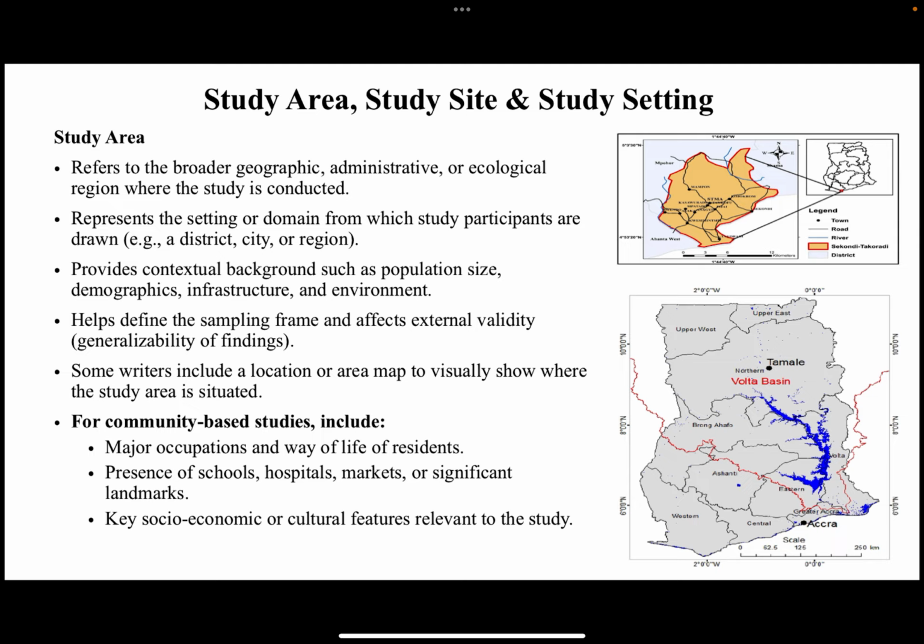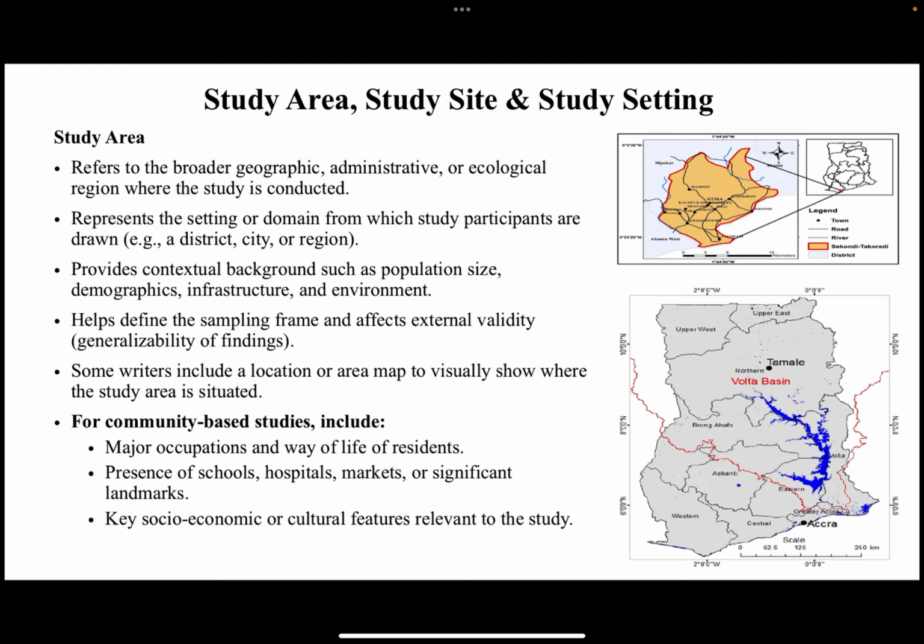Is that okay? Now, it represents the setting or the domain from which study participants are drawn. A study area could be a district, it could be a city, or it could be a region. Okay, but usually you have to narrow it down to the district, or at large you can do the city, but most of the time go down to the district.